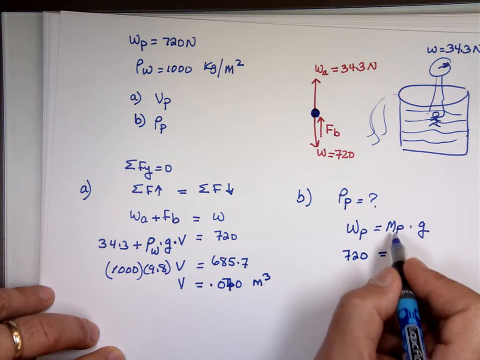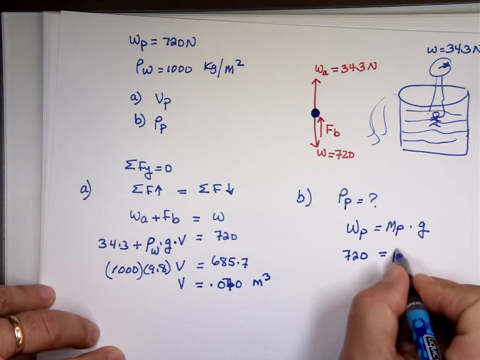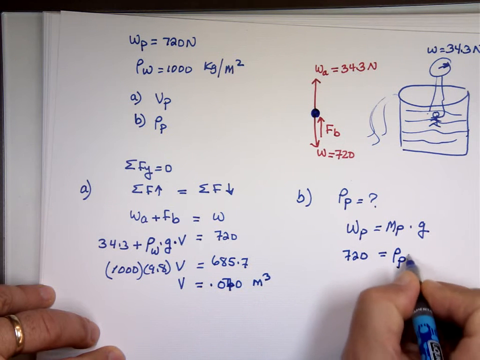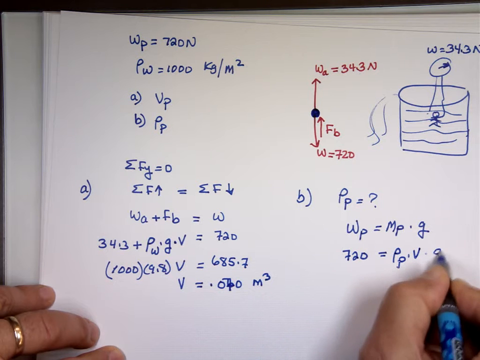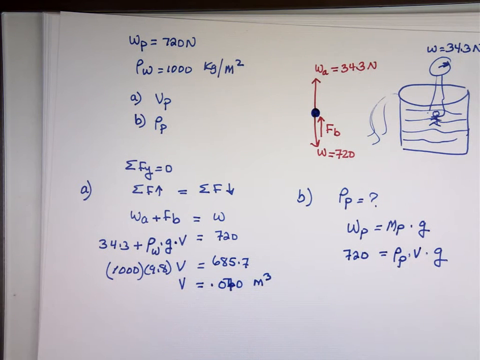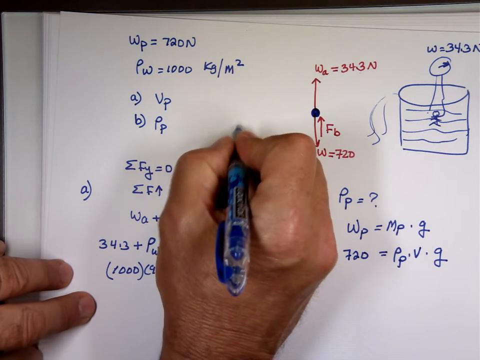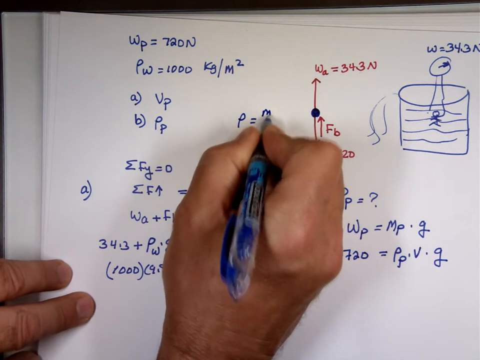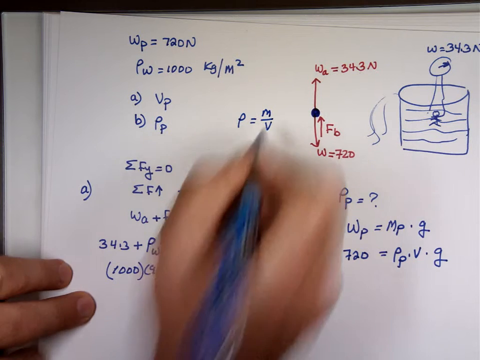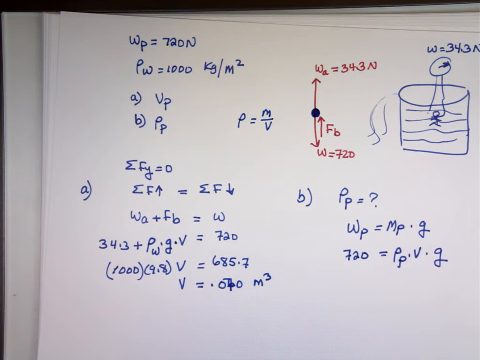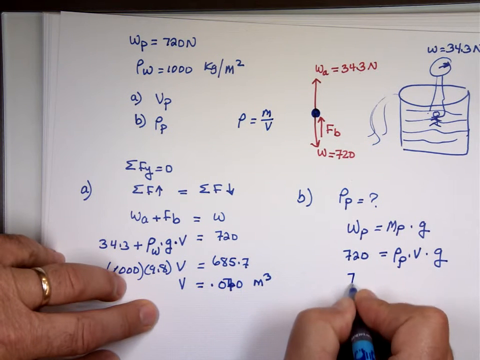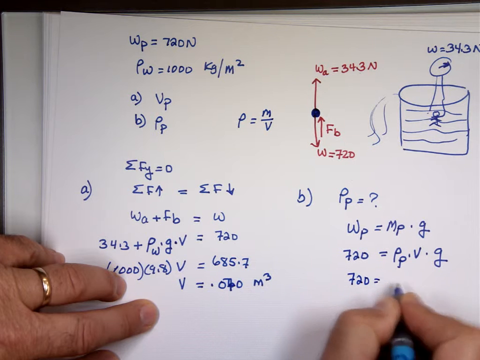What's the mass? Isn't that rho of the person times the volume? From the equation rho equals mass over volume, mass equals rho times volume. Well, I know everything except rho now. Rho of the person.